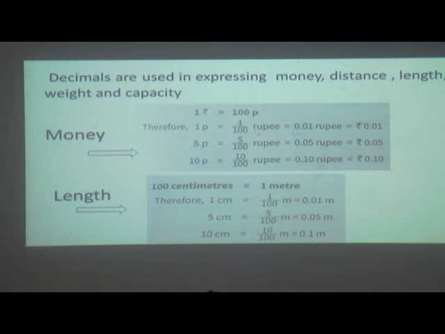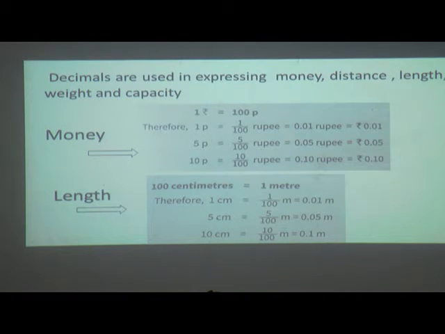So 1 upon 100 rupees is written as 0.01 rupees, because we have to convert into rupees. We can show it with the rupees symbol, rupees 0.01.